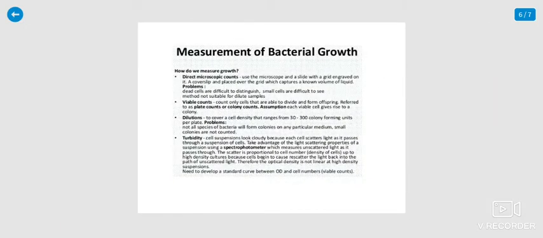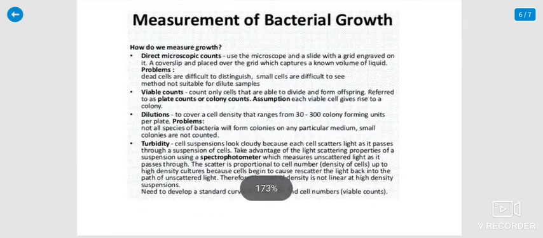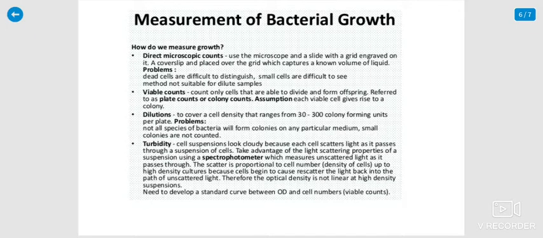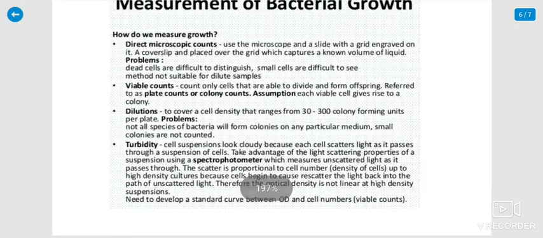The measurement of bacterial growth: how do you measure the growth factors? The first is the direct microscopic method, another is the viable counting method, the third is the dilution method, and the fourth is the turbidity method. In the direct microscopic method, a slide with a grid engraved on the cover slip is placed over the sample, which captures a known volume of liquid.